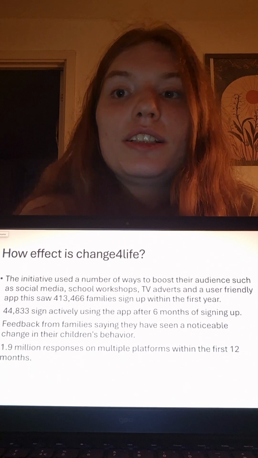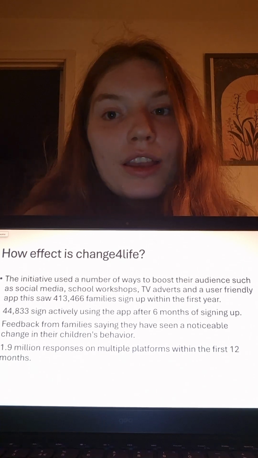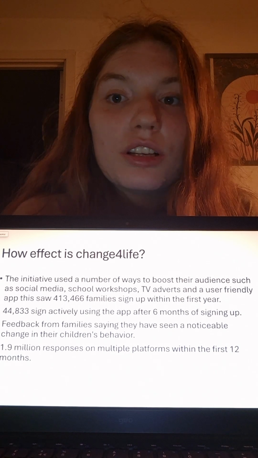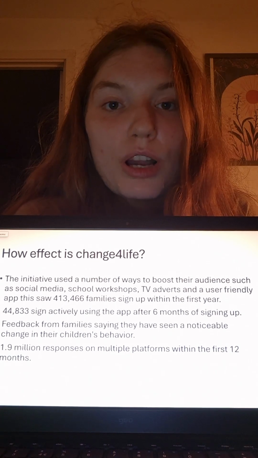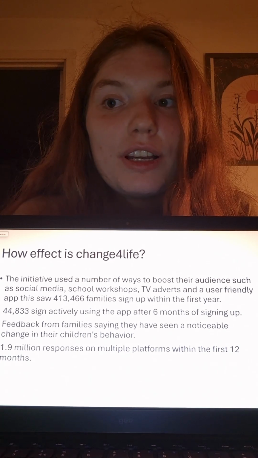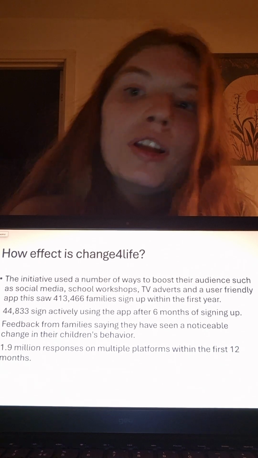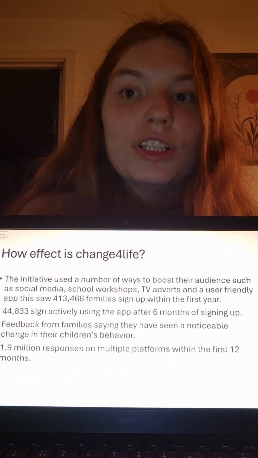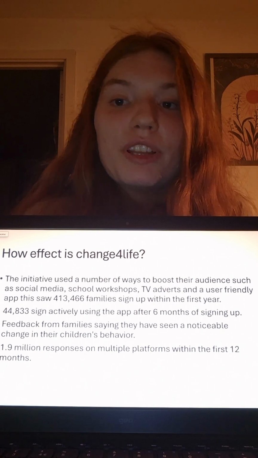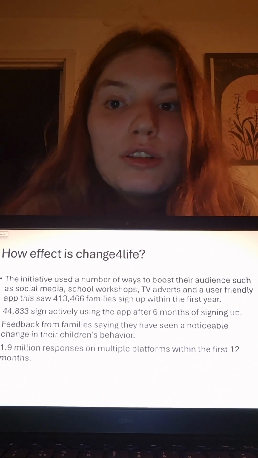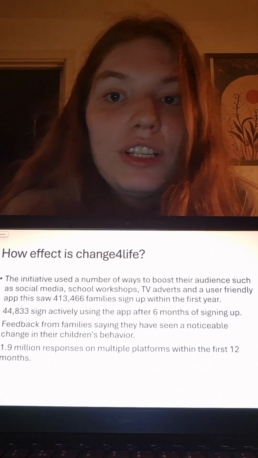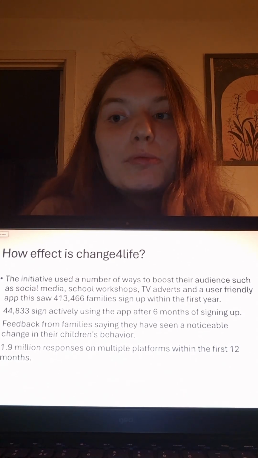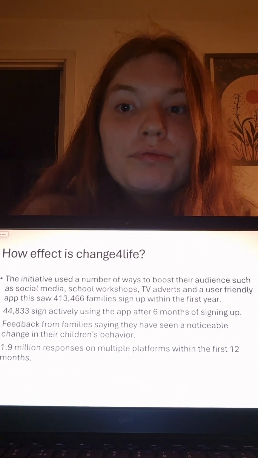How effective is Change for Life? The initiative used a number of ways to boost their audience, such as social media, school workshops, TV adverts, and a user-friendly app. This saw 413,466 families sign up within the first year, with 44,833 of them still actively using the app 6 months after sign up.